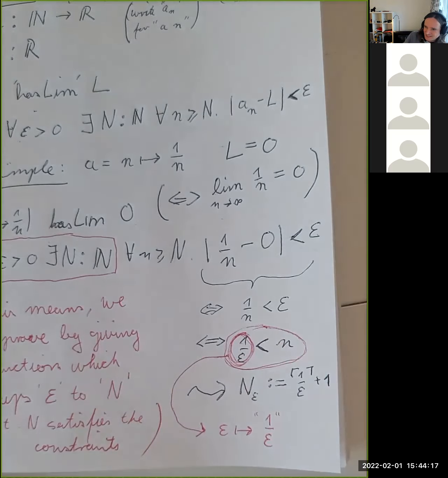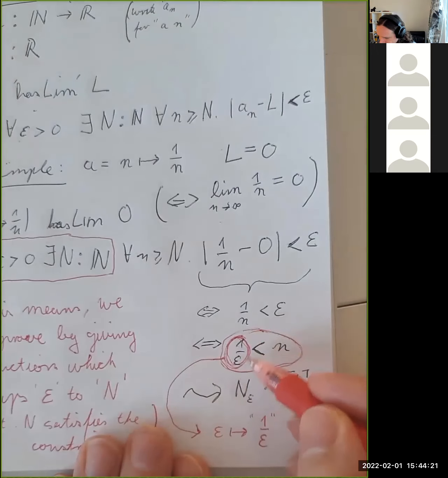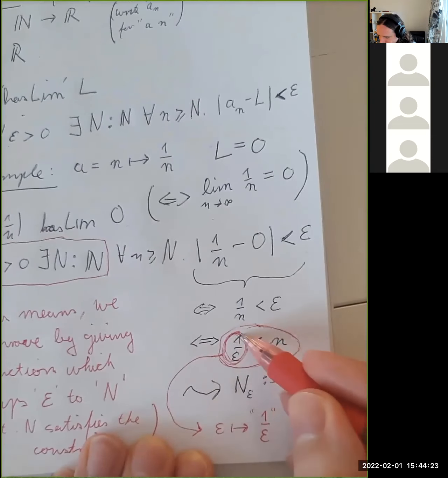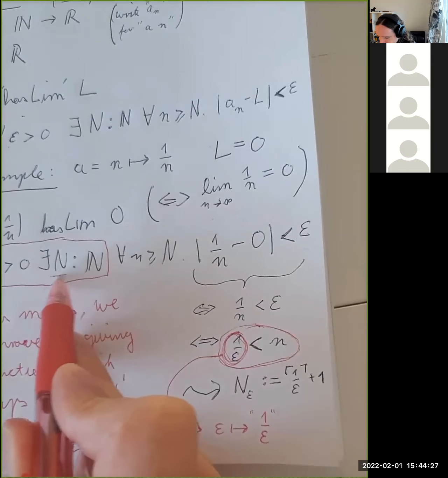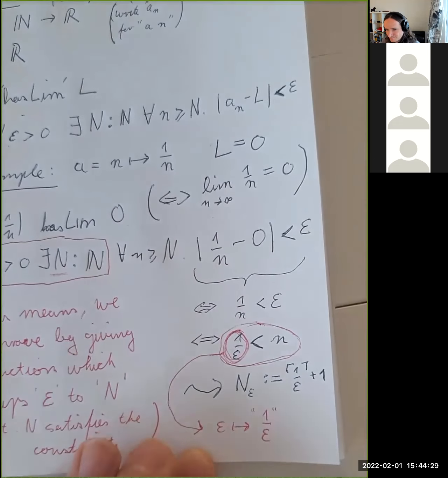Because this side tells us what this number has to look like.